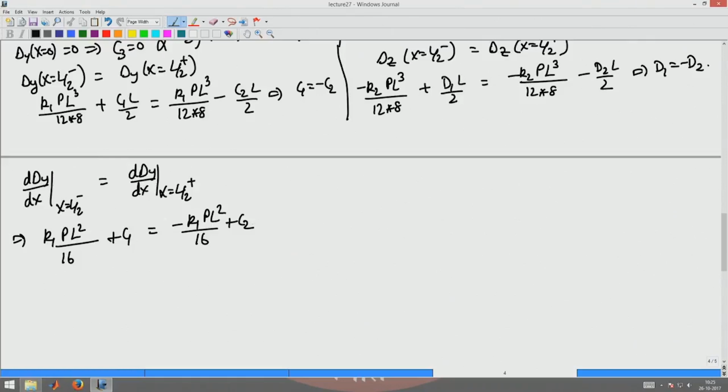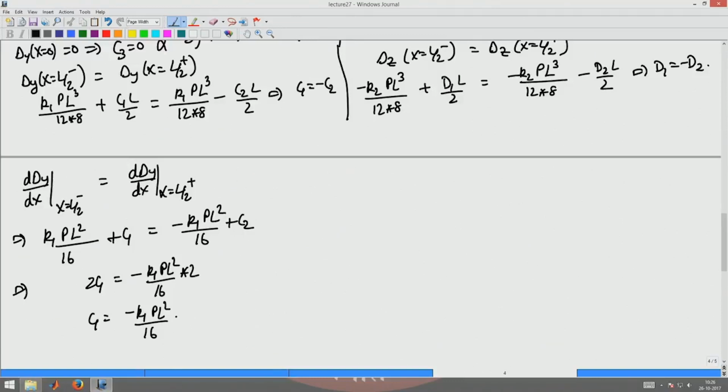Okay. Already you have C1 equal to minus C2. So this will imply that 2C1 is minus K1 P L square by 16 into 2. Okay. Or C1 is minus K1 P L square by 16.